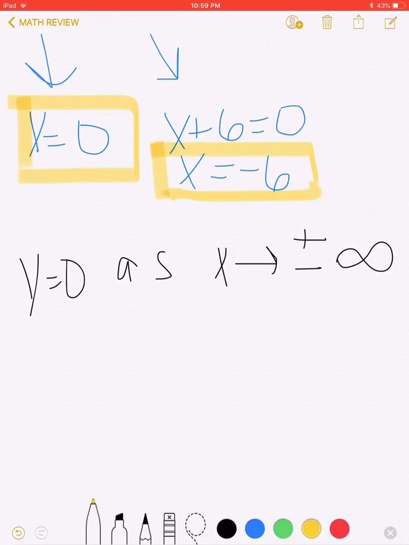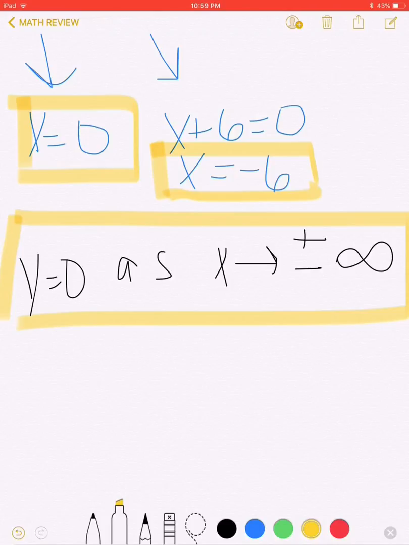So that right there is going to give you the horizontal asymptote. And it's like that because the degree of the denominator is more than the numerator.